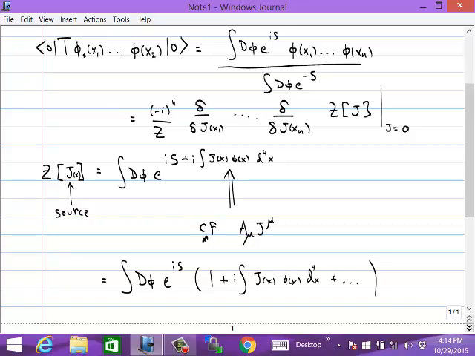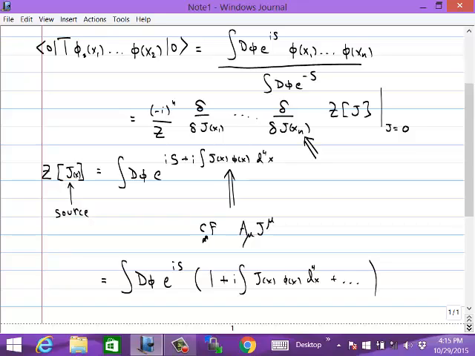And if you have a function of j and you want to compute the order j to the first power term, one way of doing that is you take the derivative of the function with respect to j and set j equal to 0. That's all these variational derivatives do, is they pick out the pieces.